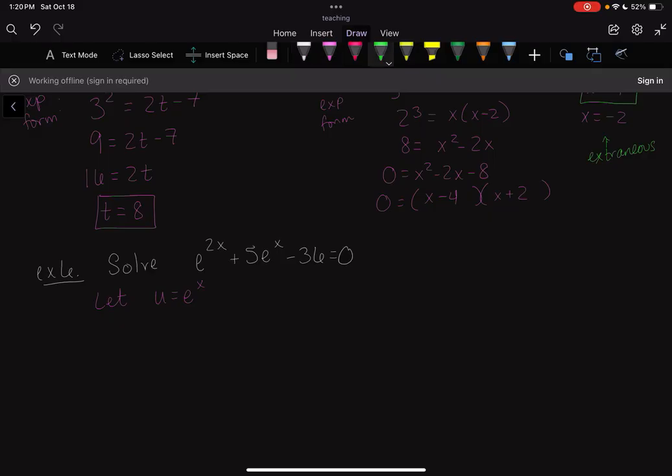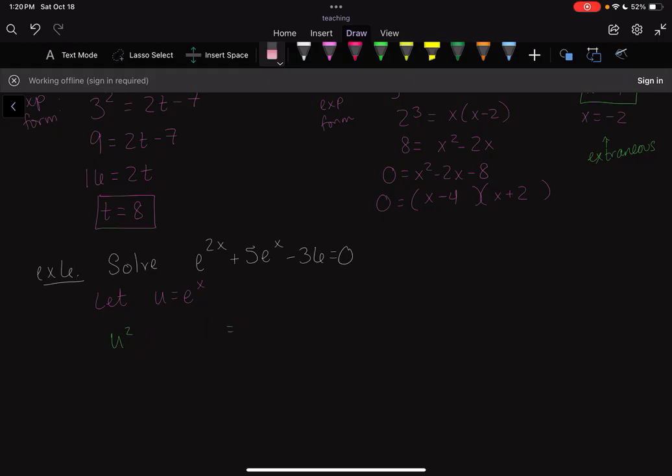we could rewrite this as u squared plus 5u minus 36 equals 0. Let me write it like this first as well. Maybe this would help.